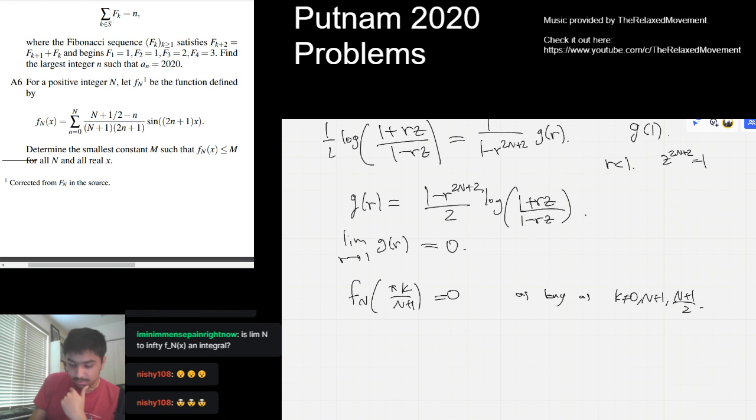Because, for example, you would get 1 plus i over 1 minus i, which is equal to... maybe this is actually not that bad. Is it true that when n is odd, this thing is 0?